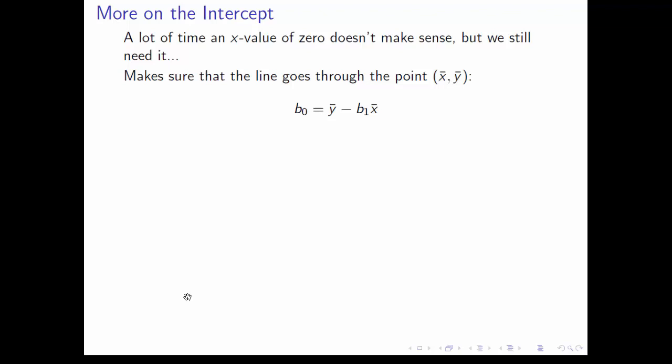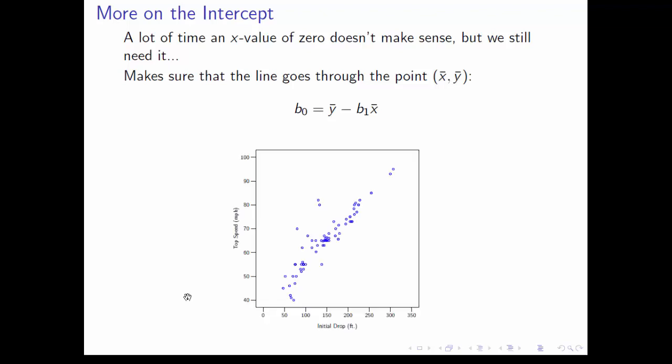The slope tells me how steep the line is, but the intercept moves the line vertically. Changing the intercept would change the vertical alignment of that line. And in fact, the line of best fit goes through this magic point, which we saw in the last unit, that is the mean of the x and the mean of the y. So this point, x bar, y bar.